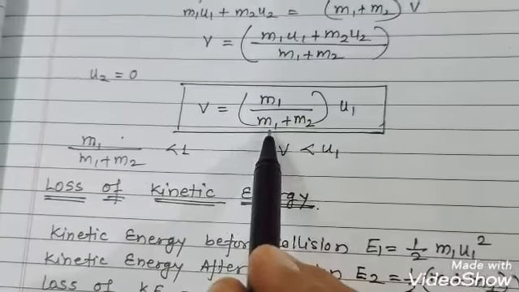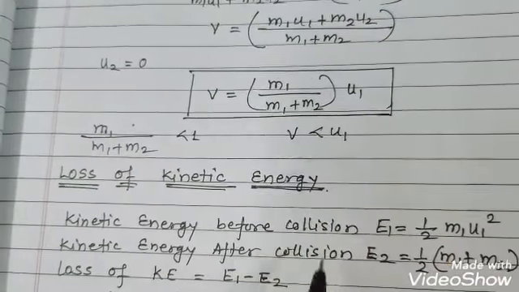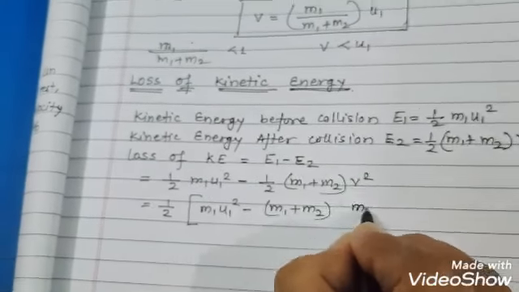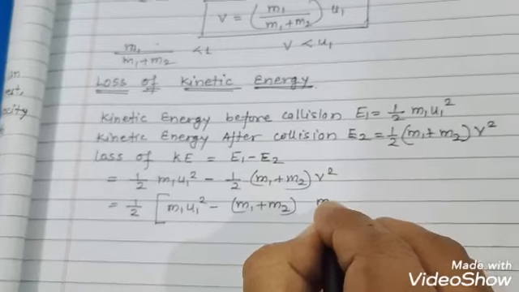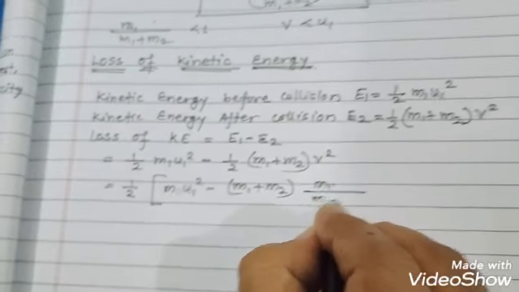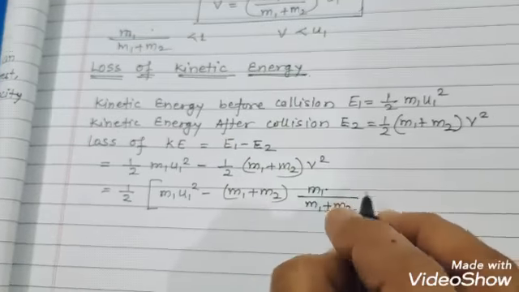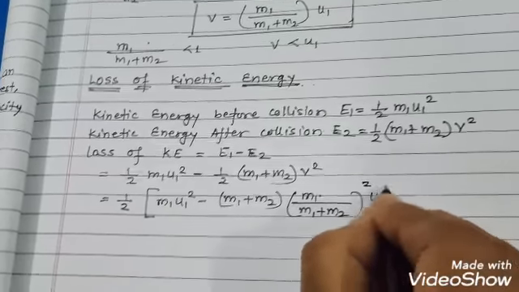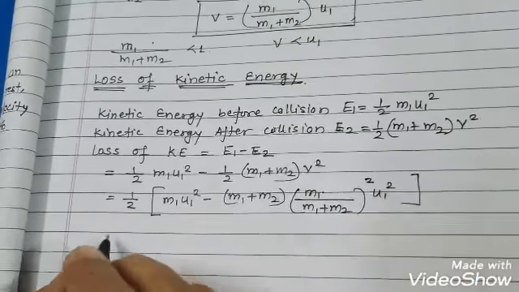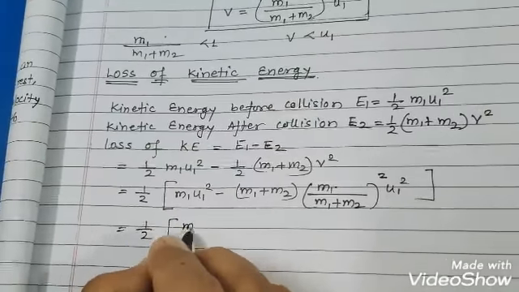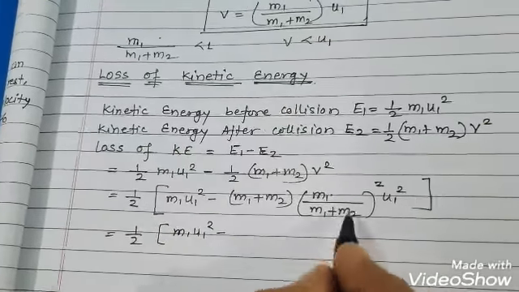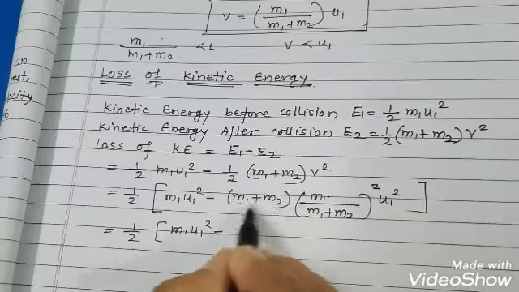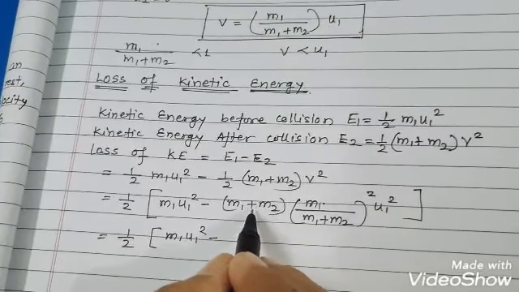This is m1 upon (m1 plus m2) times u1, whole square, and u1 square. So it is half m1 u1 square minus (m1 plus m2) times that. You will find that one m1 plus m2 will be cancelled.